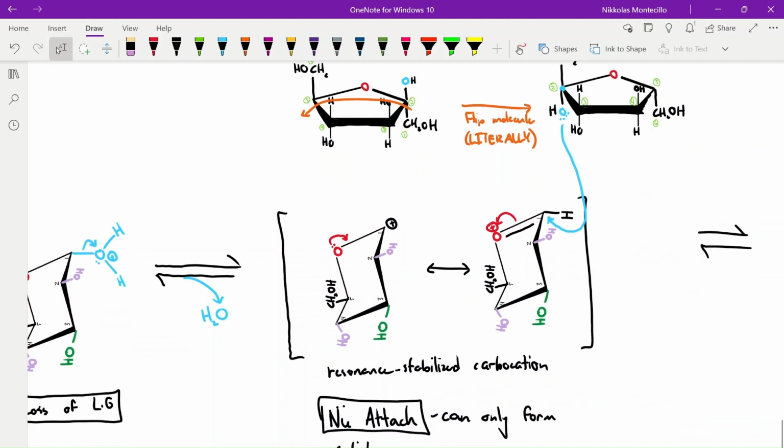And it's important to note here that when the nucleophilic attack occurs, only an alpha linkage forms, not a beta linkage.